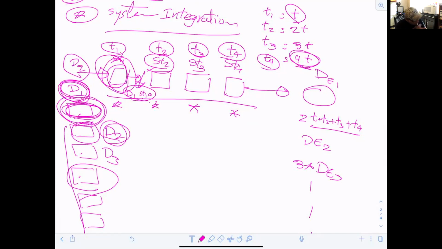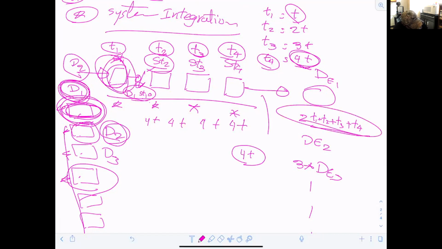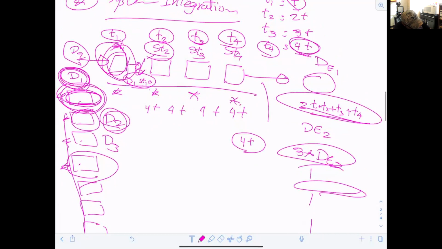So in the beginning, filling the pipeline, you spend 4T four times: 1, 2, 3, 4. After that, every 4T an output comes out. You are no longer waiting for the whole time. It's just latency in the beginning, and then every stage unit you produce output. That makes sense?